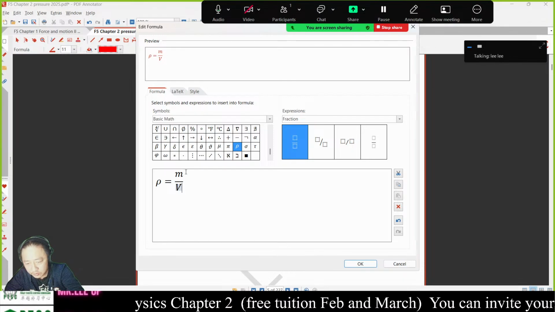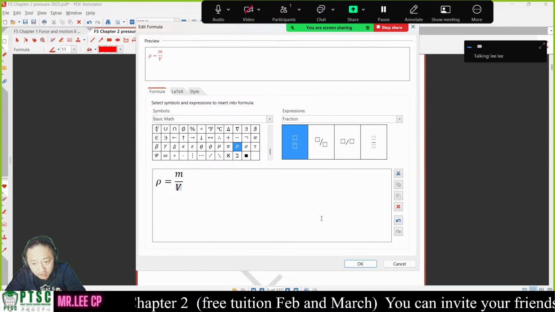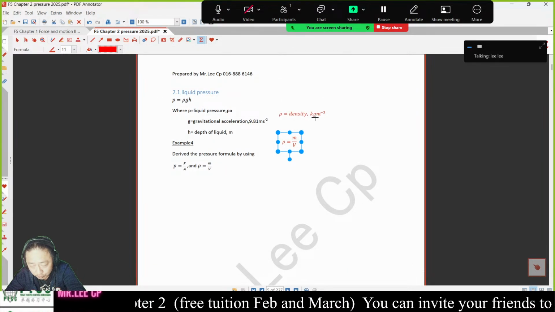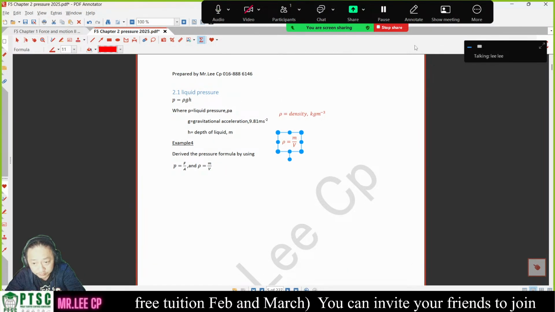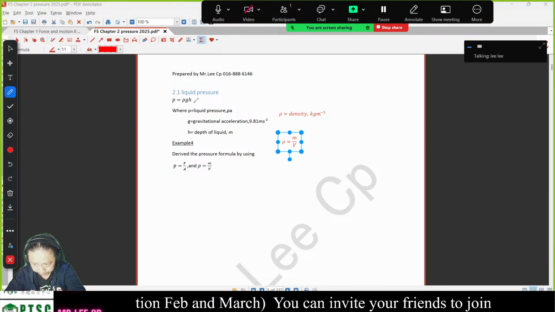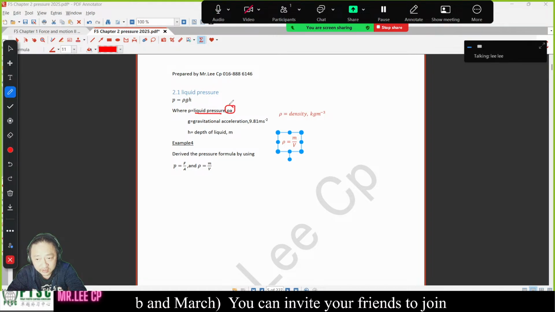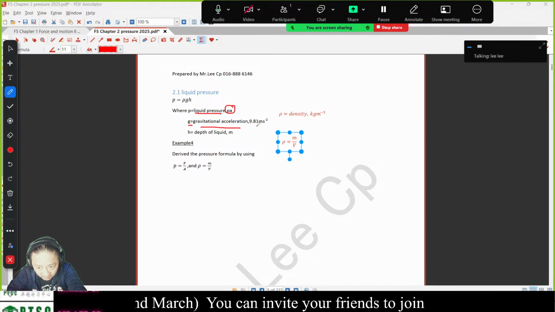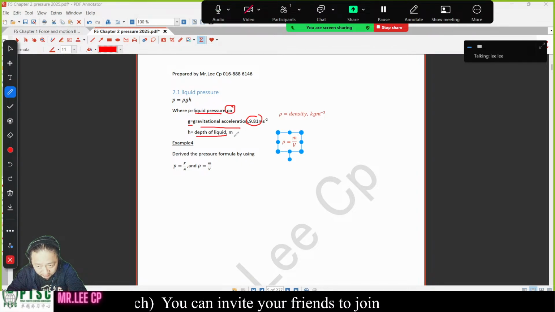Mass in kg, volume in meter cubed, so kg per meter cubed. Mass over volume. Now the next thing: pressure is in Pascal, g is gravity, 9.81, and depth of liquid is in meter.